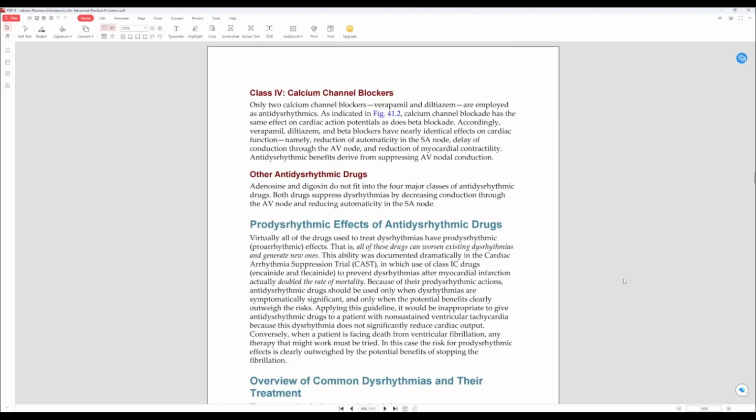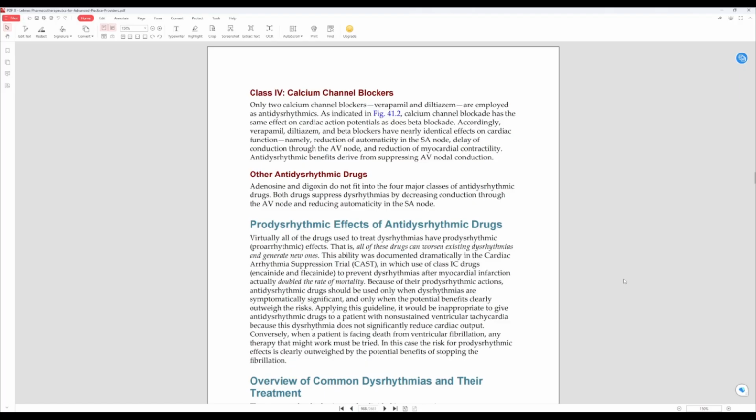That brings us to Class 4, our calcium channel blockers. Only two calcium channel blockers, verapamil and diltiazem, are currently employed as antidysrhythmics. Again, as indicated in Figure 41.2, a calcium channel blockade has the same effect on cardiac action potential as would a beta blockade.